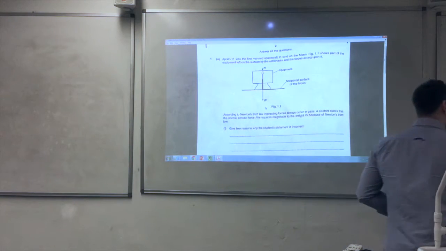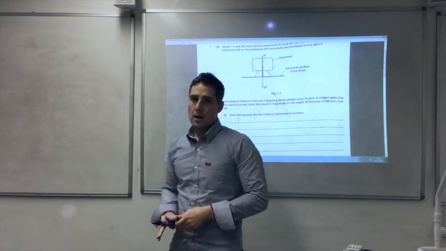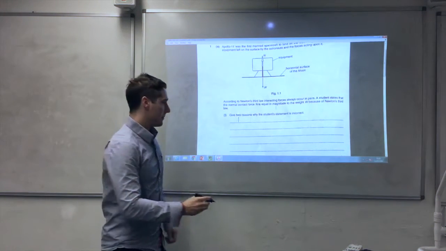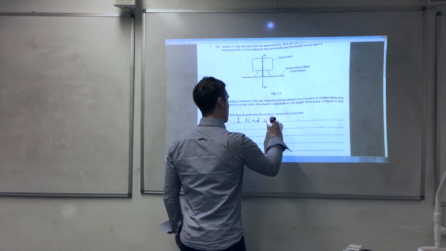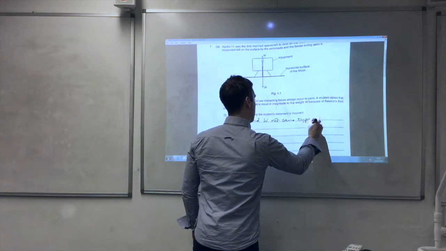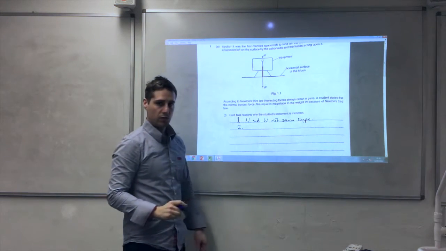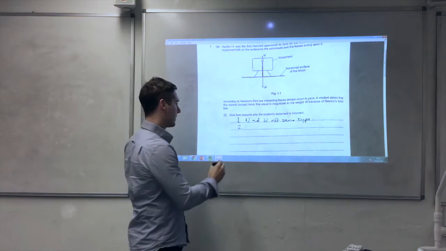So the two reasons would be, number 1, N and W are not forces of the same type. And the second reason would be that N and W both act on the same object.